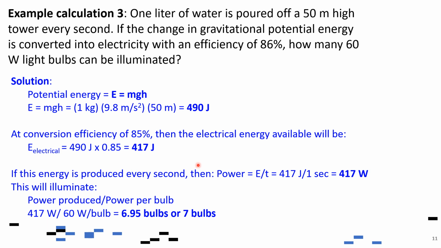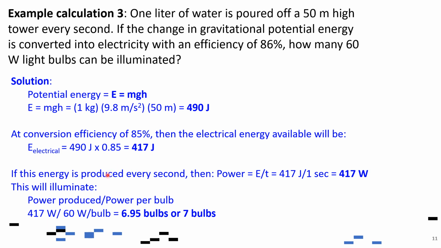Efficiency is basically how much of the energy is actually produced. In this case, we multiply the energy times the efficiency to get the final energy output of 417 joules with respect to 85% efficiency.